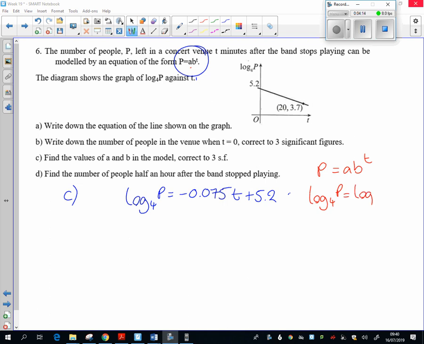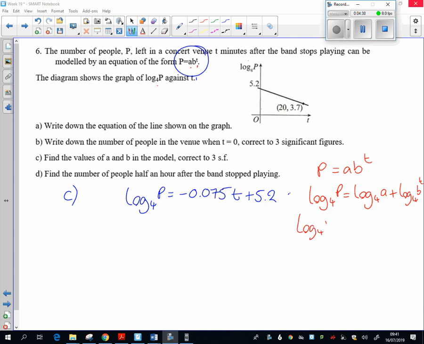If you can see what's going to happen here without having to write this working out, that is perfectly acceptable because they haven't actually asked me to show how you get from this to linearized form, but you need to know these steps anyway, and if you're not totally confident, it's good to just double check it. So I'm taking log to the base 4 because obviously I can see that's what they've done.